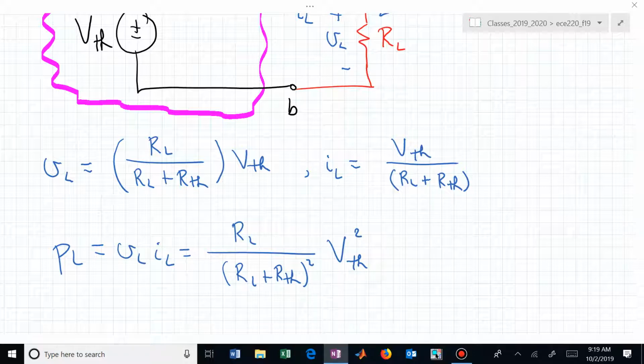This is now our expression or formula for the power at the load in terms of V Thevenin, R sub L, and R Thevenin. We're assuming now that we know V Thevenin and R Thevenin. We're trying to find R sub L, the R sub L that maximizes that formula.